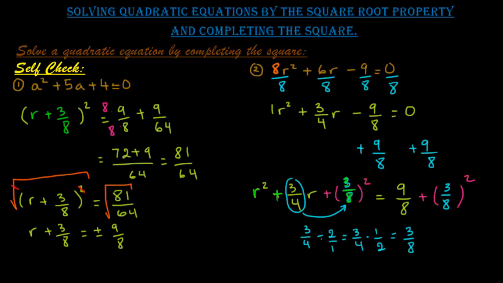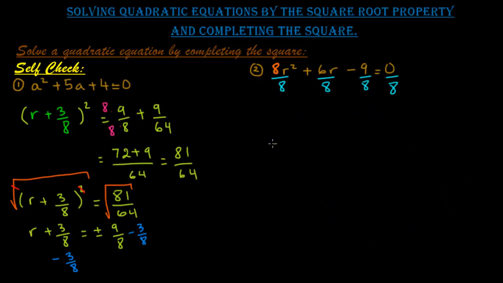Then isolate r by subtracting 3/8 on both sides. I need some space, so I'm going to erase this side. That will give me r equal to plus and minus 9/8 minus 3/8.